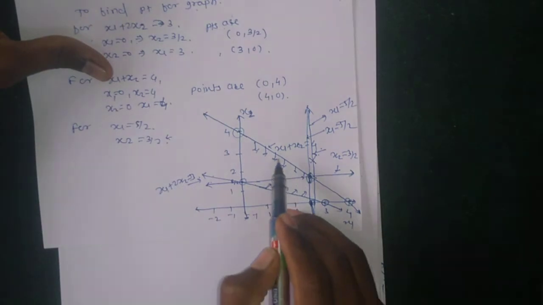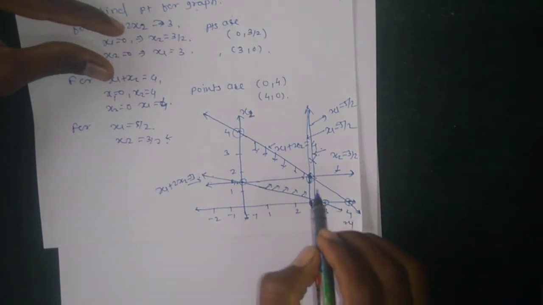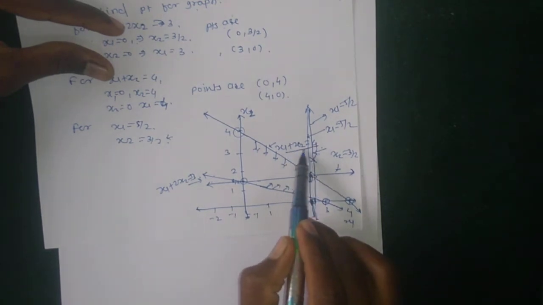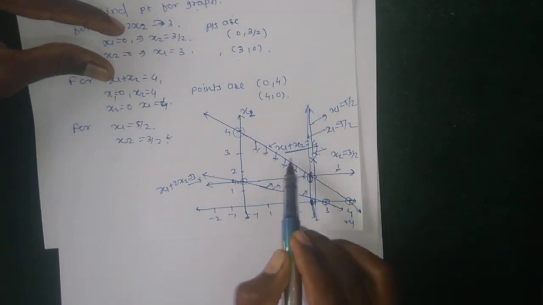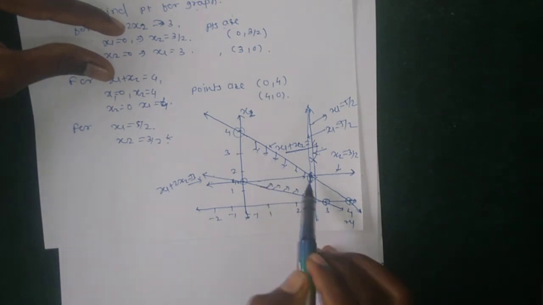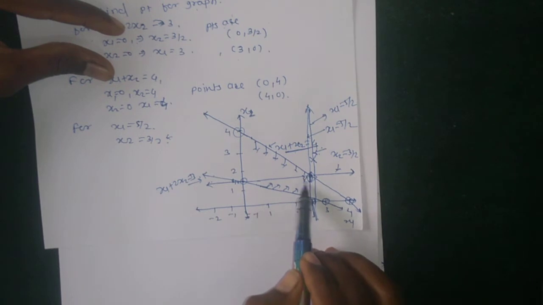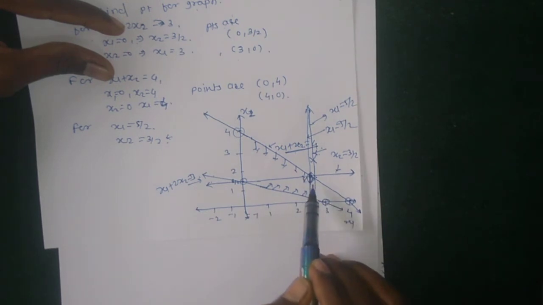The region of this line is less equal 4, which implies that the region is the below side of this line, in this way.